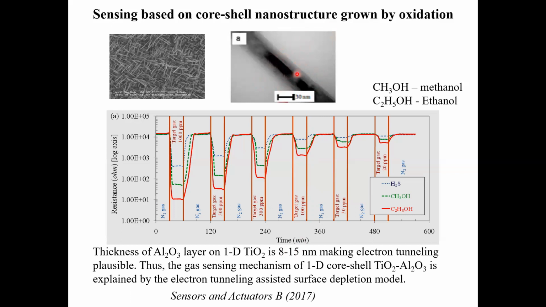So the gas is interacting with TiO2 by tunneling through this layer in a way. The electron involved in the sensing behavior, creation of depletion layer, is created by tunneling of electron through that thin layer of alumina.